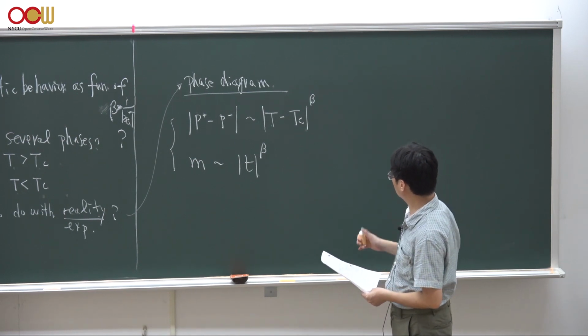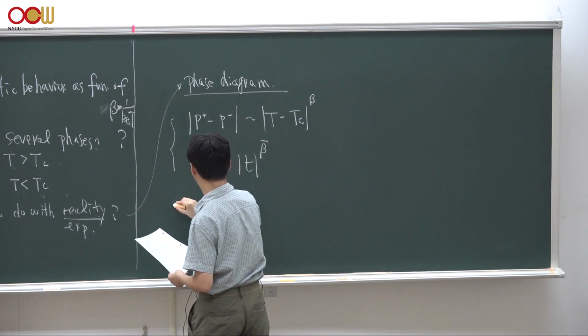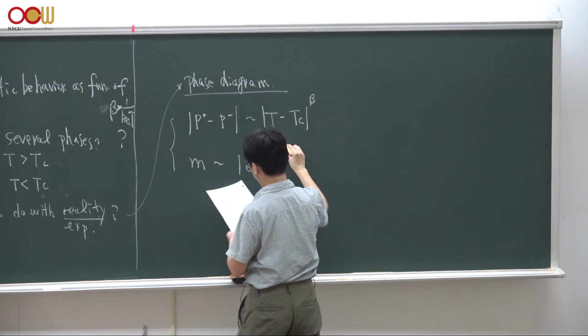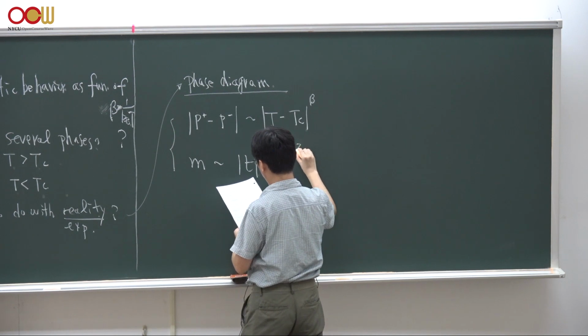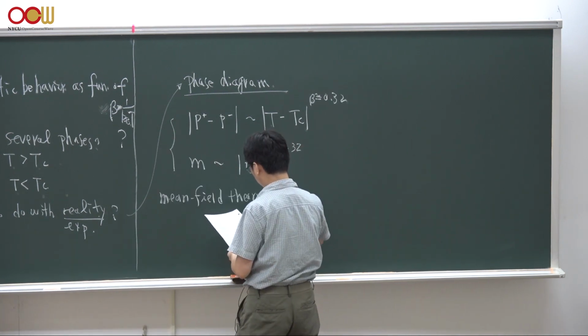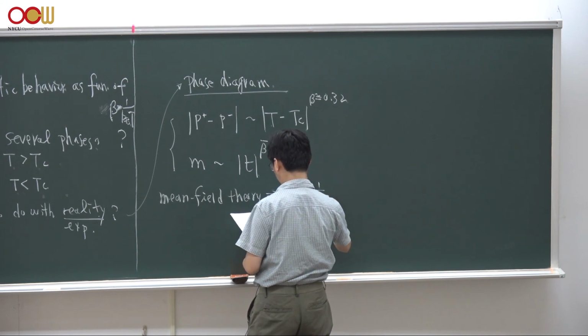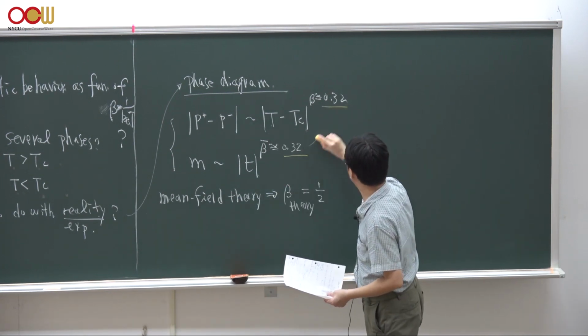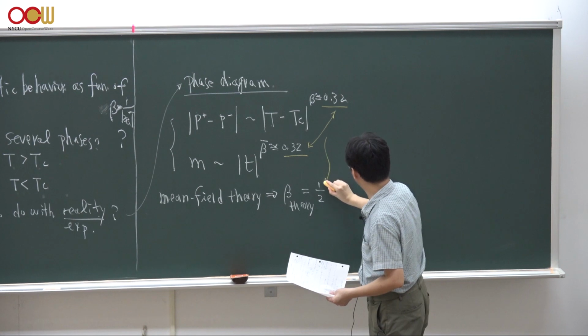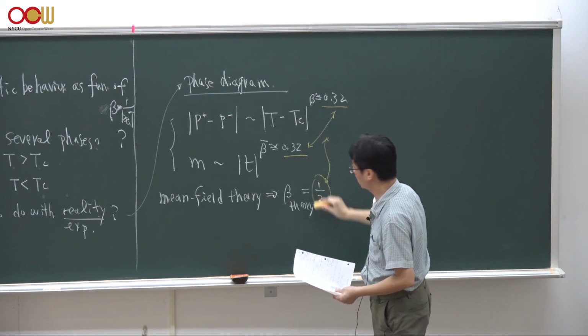These power law exponents beta are almost exactly the same, 0.32. However, mean field theory predicts that this beta is just 1/2. A systematic deviation between the theory and experiments.